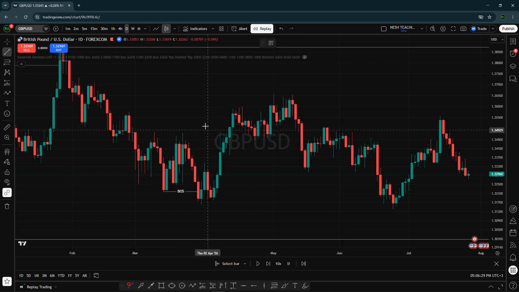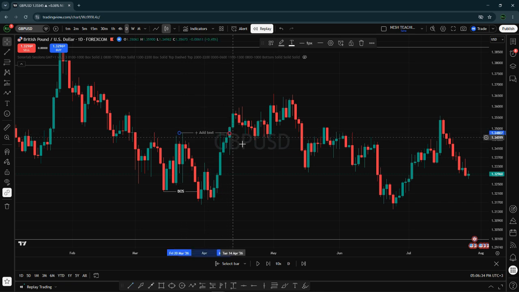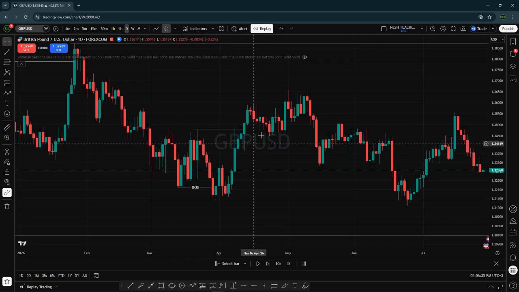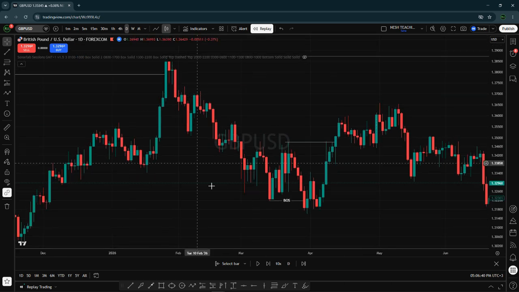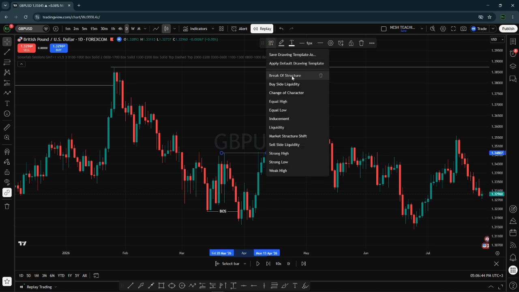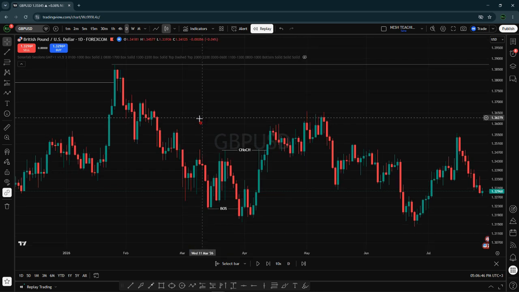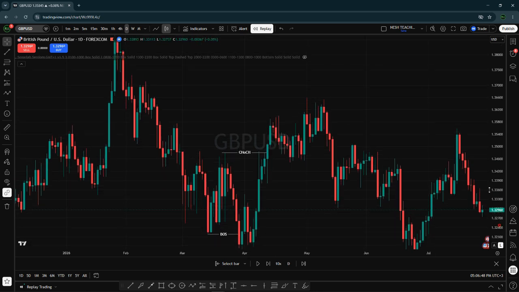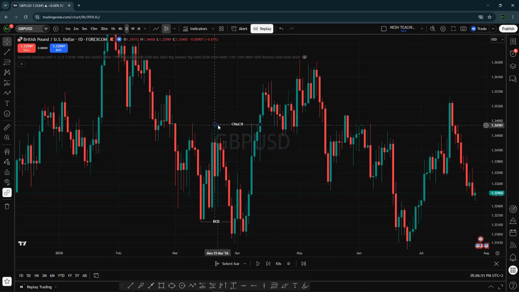If the market comes to this high, that means the market will have changed its direction from bearish to bullish. And remember, the overall trend is a bullish trend. So here we have a break of structure, a change of character, since the market has moved above this swing high, which was our lower high.